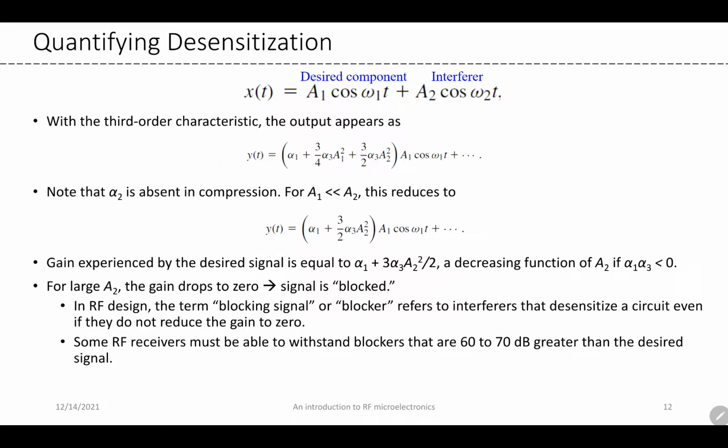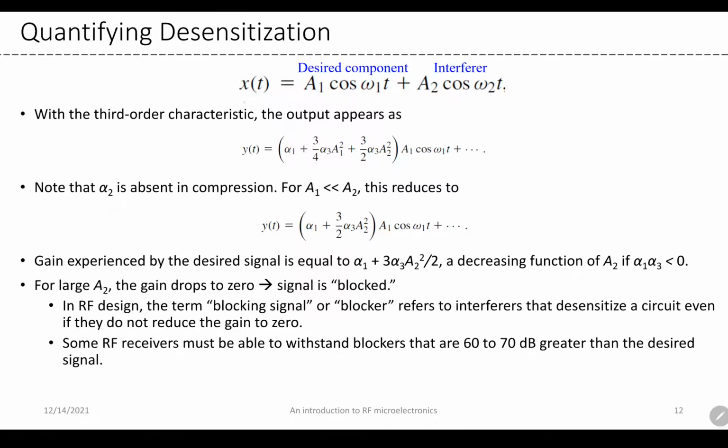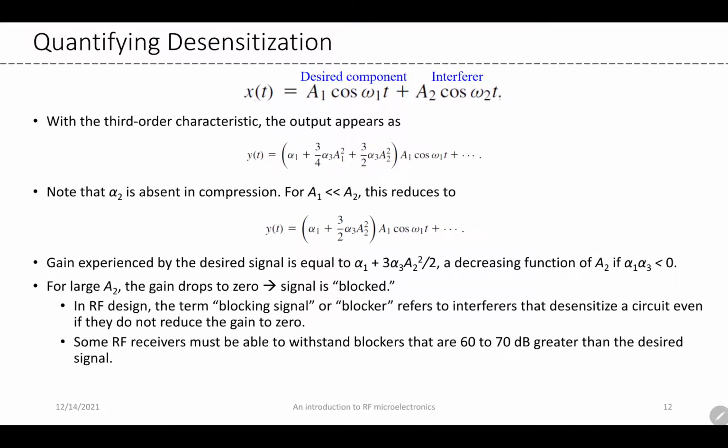Now let's see mathematically what happens. I have a signal x of t. Let me say I have an antenna, then it goes to an amplifier, that gives me y of t, and this is my x of t.